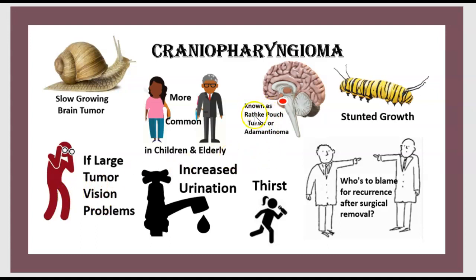It's known as Rathke pouch tumor or adamantinoma. There is a stunted growth in addition to increased urination, thirst, and after treatment, recurrence after surgical removal.